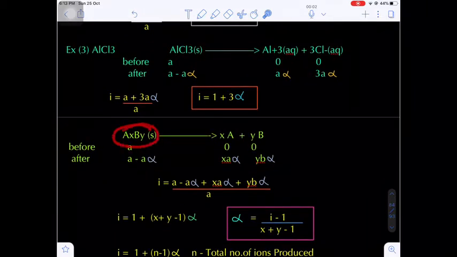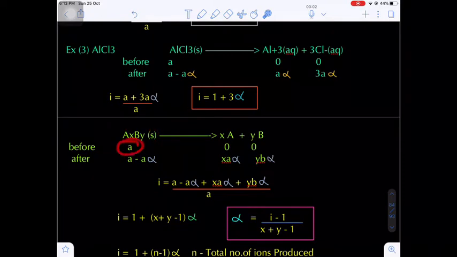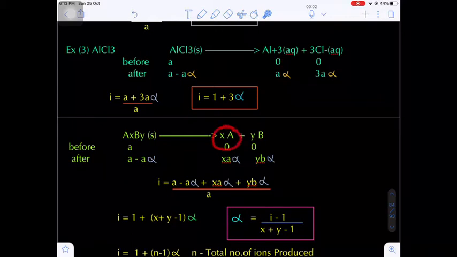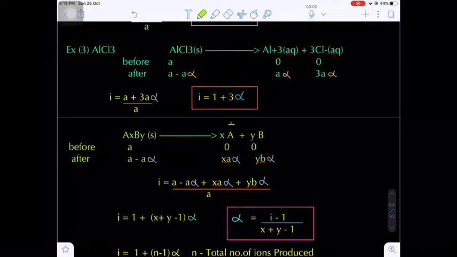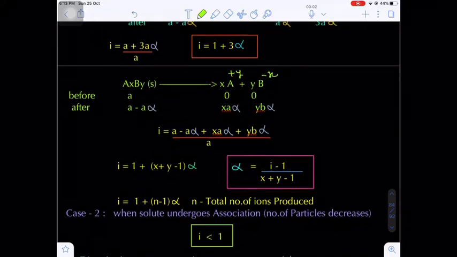So let's take a general example. Suppose AxBy is a solute, and a moles of solute is taken. Before dissociation, there is no cation and no anion, so the moles of cation and anion are 0.